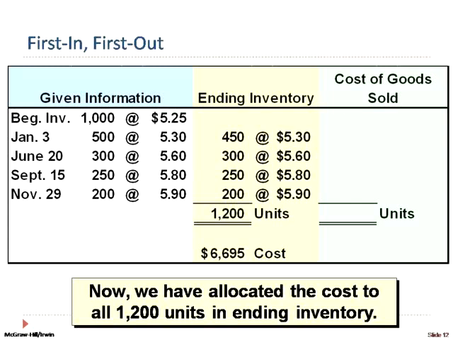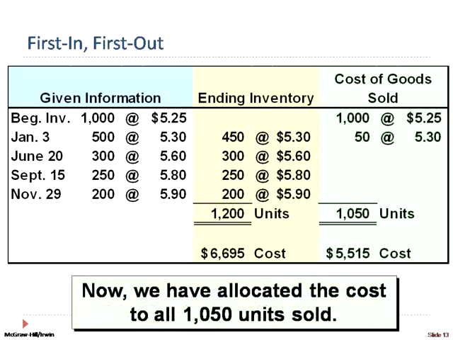Now we can start working on the cost of goods sold. Recall that we sold 1,050 units. Remember that when we use the first-in, first-out method, the cost of the first items in, the oldest items, is allocated to cost of goods sold. Let's look at the cost of goods sold layers on the next slide.